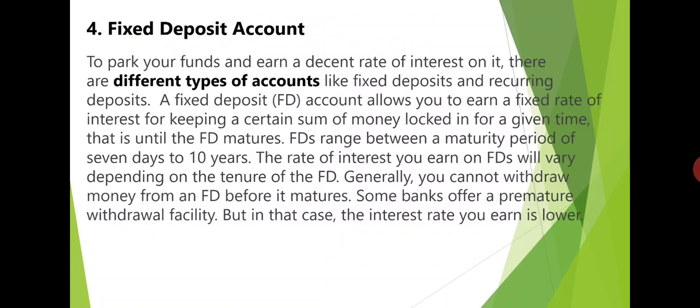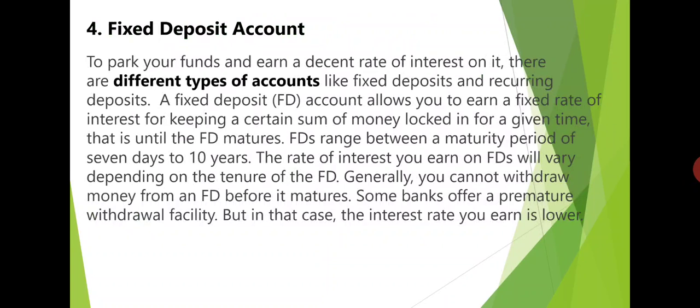Then after, the fourth one is fixed deposit account. To park your funds and earn a decent rate of interest on it, there are different types of accounts like fixed deposits and recurring deposits.